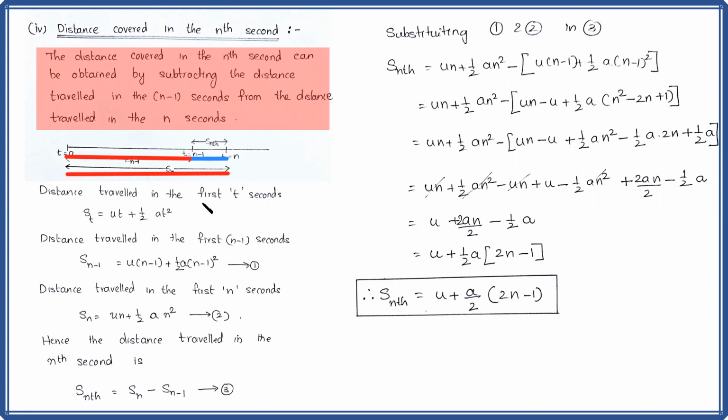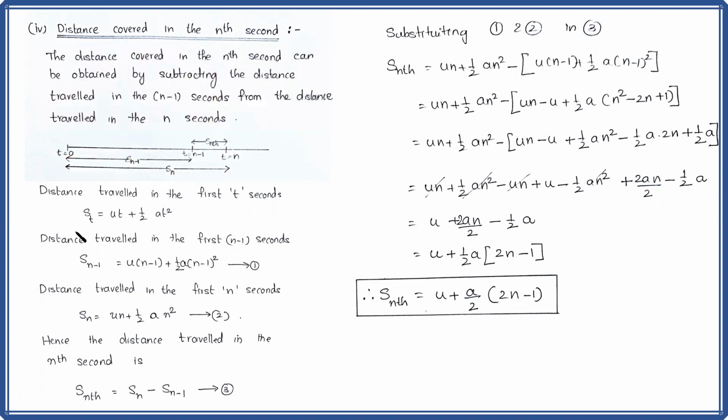That is distance traveled in the first t seconds, second kinematic equation. St is equal to ut plus half at square. If it is n seconds, wherever there is t, we will substitute n. If it is n minus 1, wherever there is t, we will substitute n minus 1. Therefore, let us start.